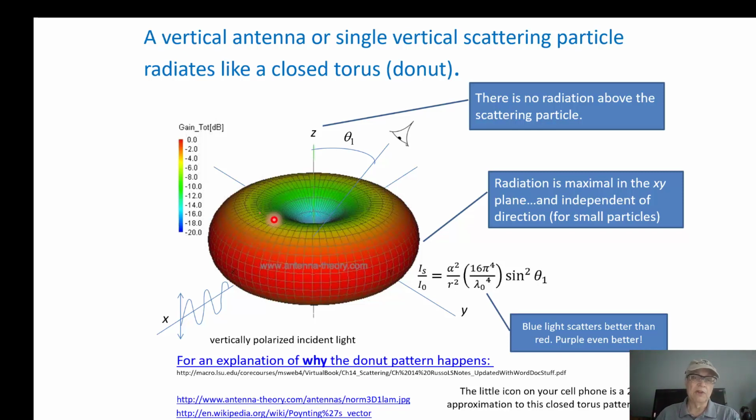You could think of the red here as the most intense scattering, and in blue there's no scattering. If you put a detector, and we always use an eyeball for a detector, this is supposed to be an eyeball, and you look at some angle relative to the vertical here, you'll see that there's this donut-shaped radiation pattern, and it's given by sine squared of theta 1, where theta 1 is the angle between the observation direction and the z-axis.